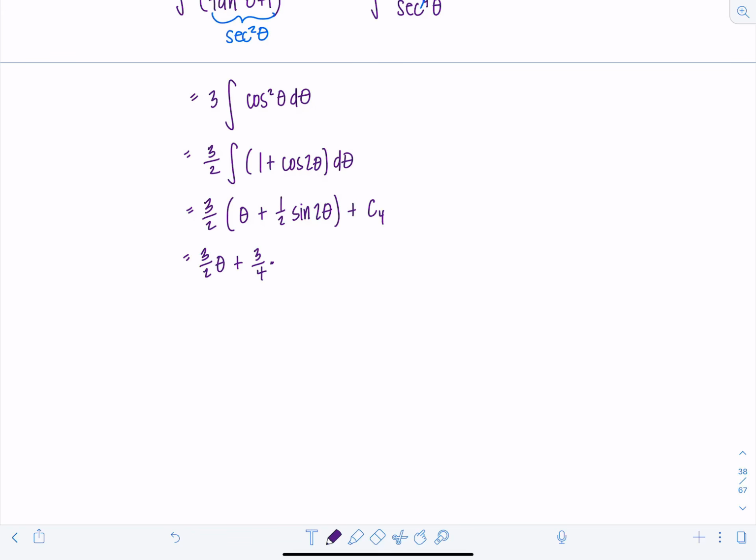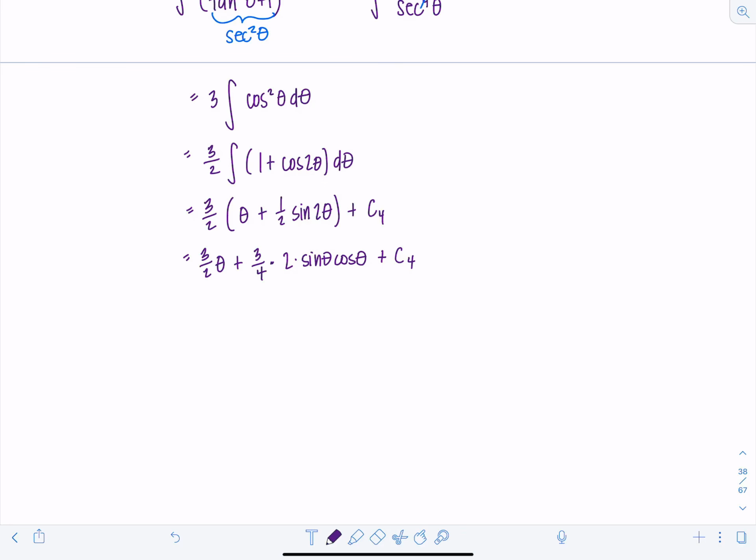And then since I need to rewrite everything with respect to x, I'm going to have to draw a triangle for theta, which means I got to use my double angle identity now and replace sine 2 theta with 2 sine theta cosine theta, and then we have plus C4.